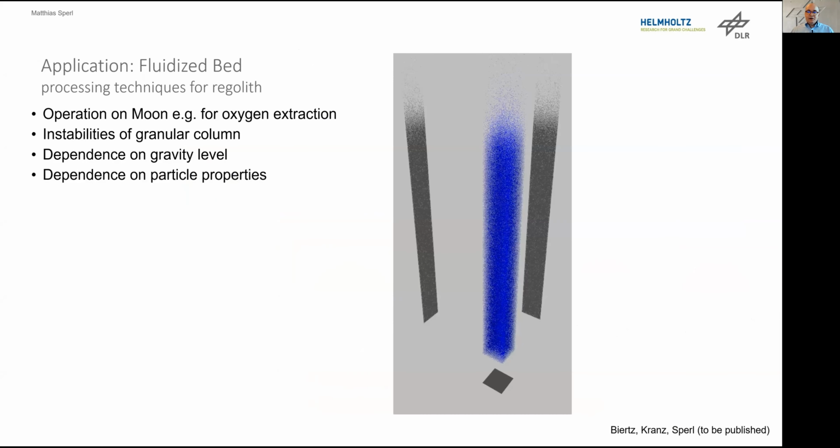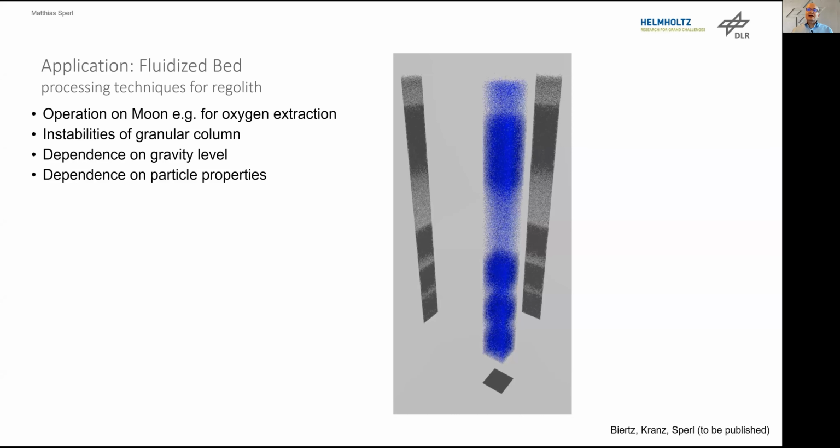Here is another one. The blue things you see is a DEM simulation, a discrete element modeling simulation, basically molecular dynamics of a fluidized bed. Fluidized bed means I blow some gas from underneath. If I try to do oxygen extraction on the moon, maybe I use hydrogen.